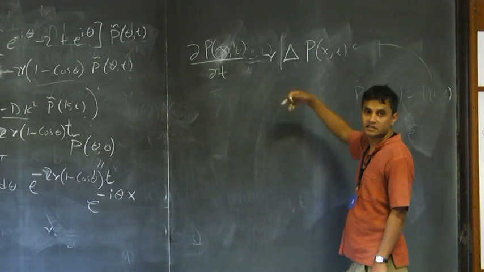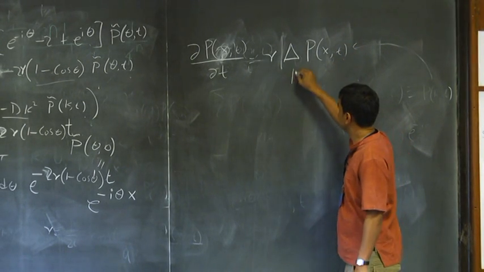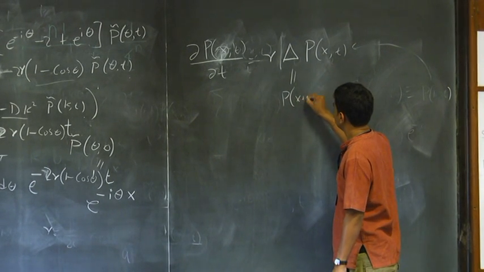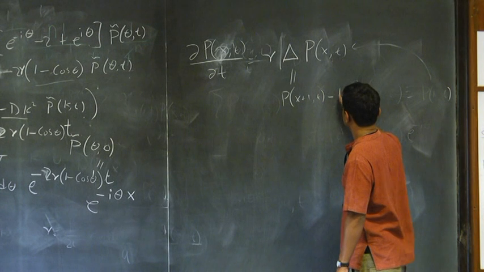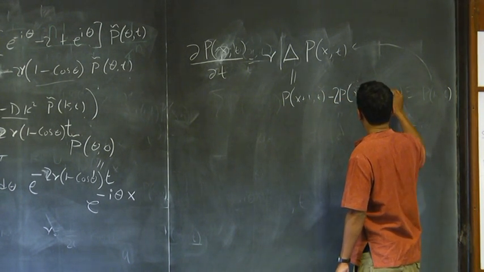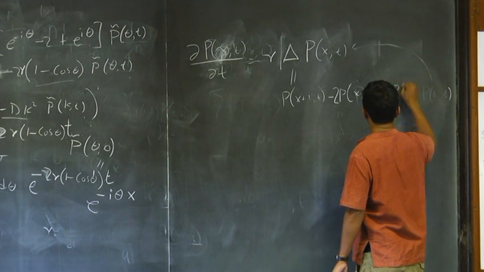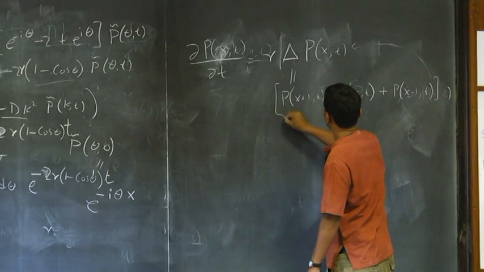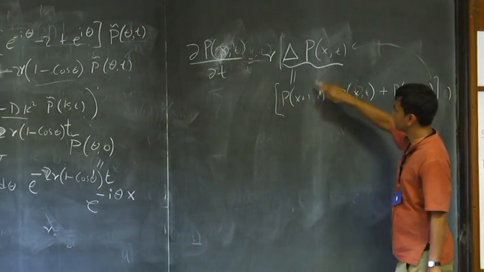This is just the discrete Laplacian, and it's defined as p of x plus 1, t minus 2 p of x, t plus p of x minus 1, t.